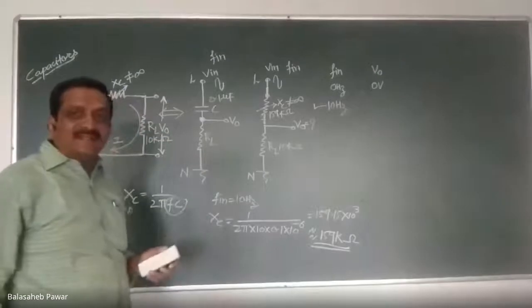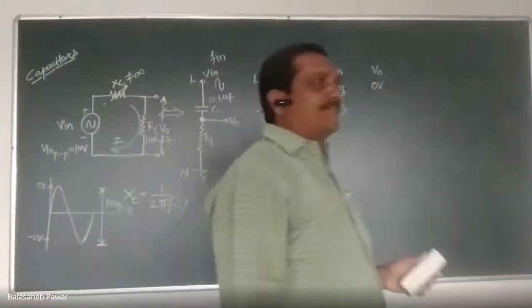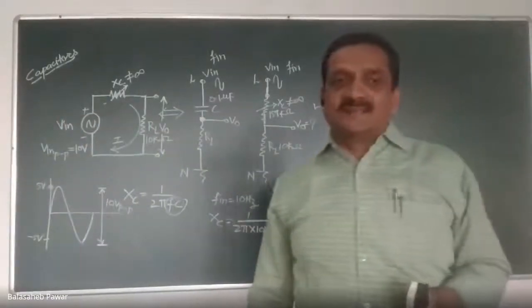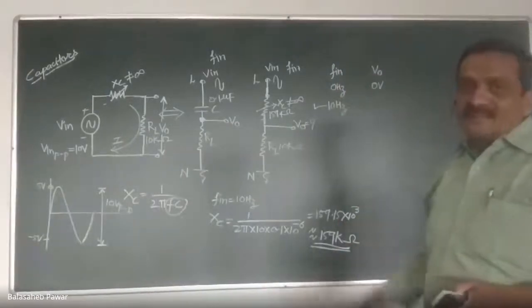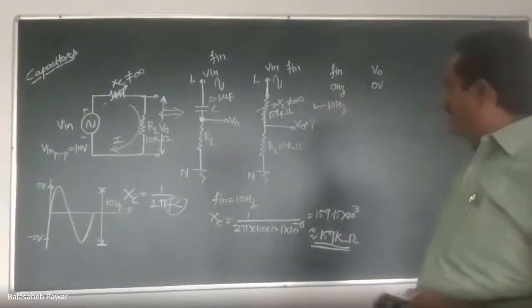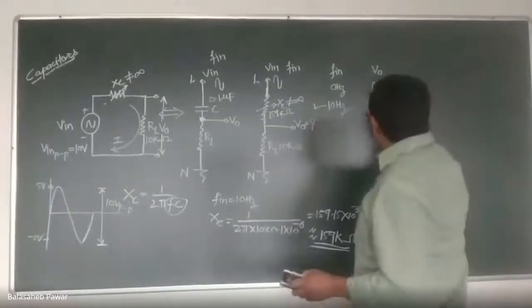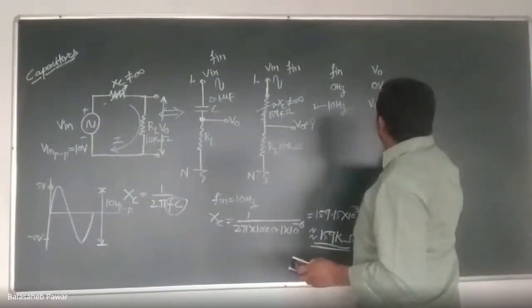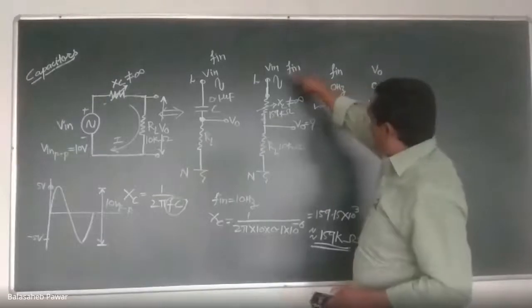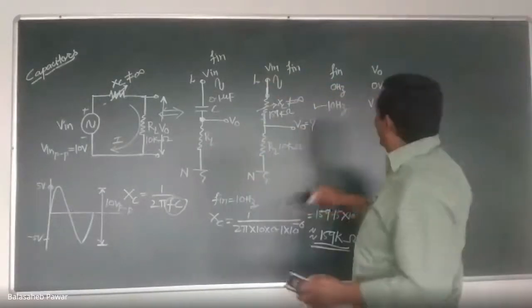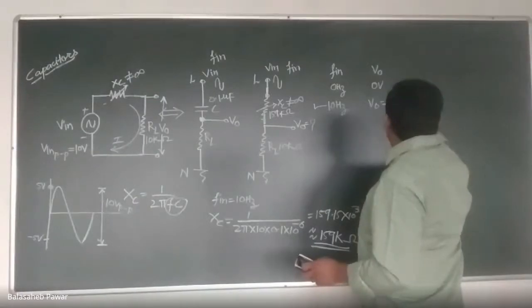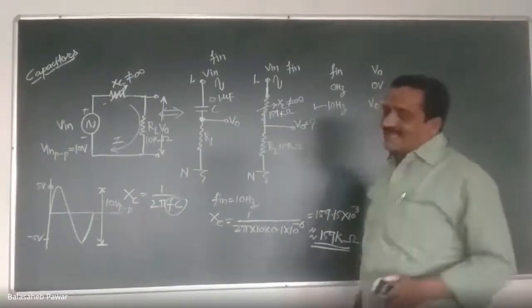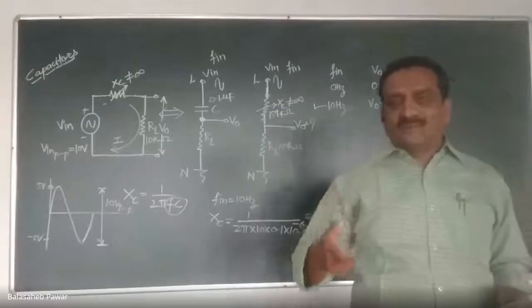Can you determine it? These things we already discussed when we were studying resistors. You have to apply the voltage divider rule. In this case, Vo will be equal to Vin, that is the source. The source is 10 volt peak to peak, into the resistance across which we are measuring the voltage.